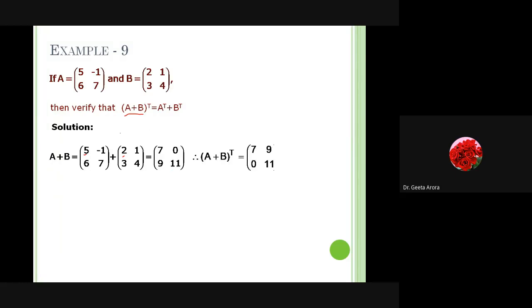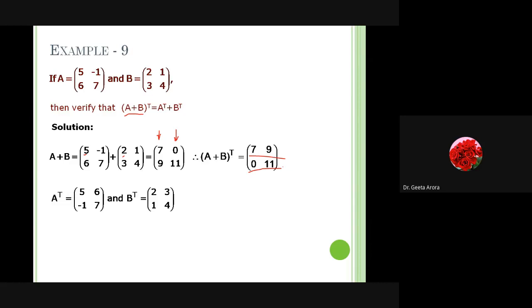We write the first column, 7, 9, as the first row, and the second column as the second row, or the same thing you can do by taking a row as a column.